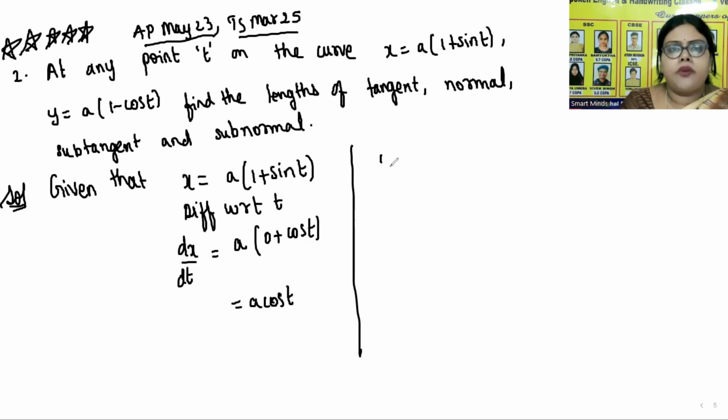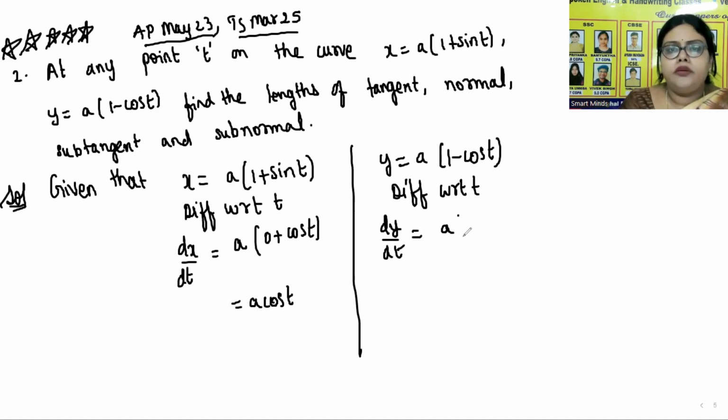Now if you take y is equal to a into 1 minus cos t. Now if we differentiate with respect to t, we will get dy by dt is equal to a into derivative of 1 is 0 minus derivative of cos t is minus sin t. Minus into minus will become plus sin t.